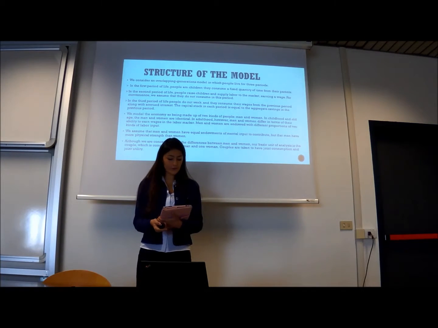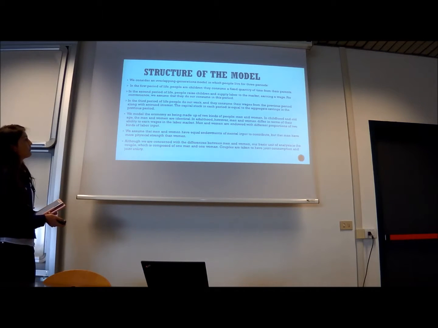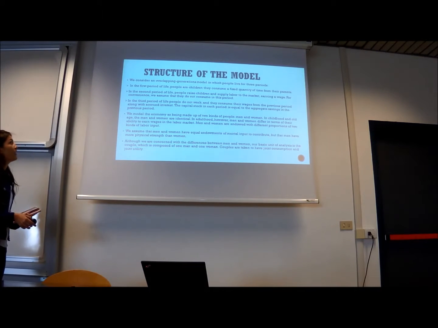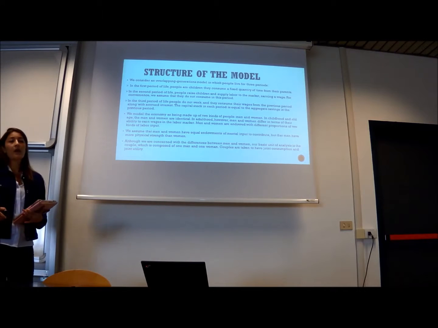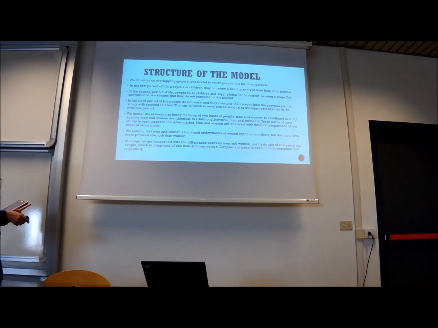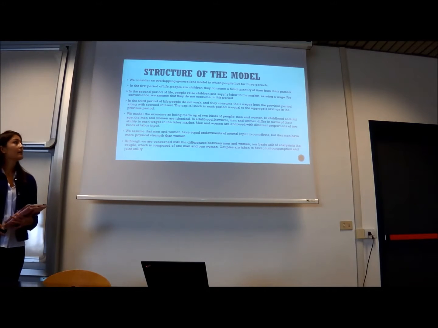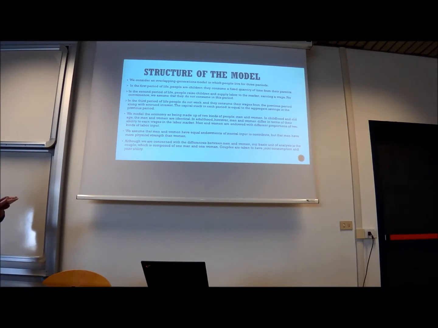Structure of the model. We consider a generational model in which people live for 3 periods. In the first period of life, people are children, and they consume a fixed quantity of time from their parents. In the second period, people raise children, and they supply labor to the market and earn wages.